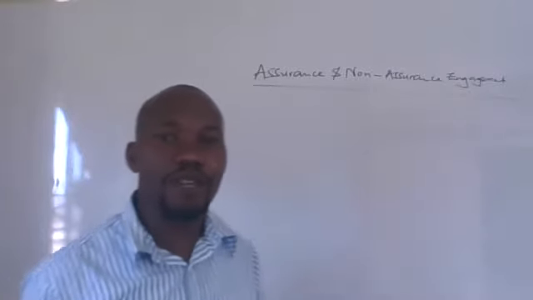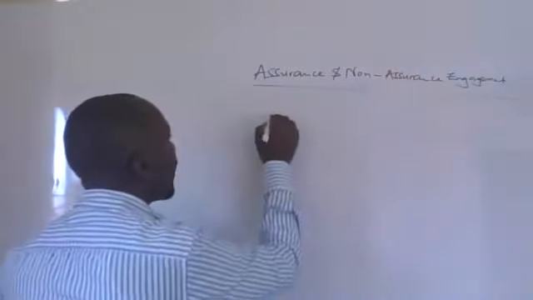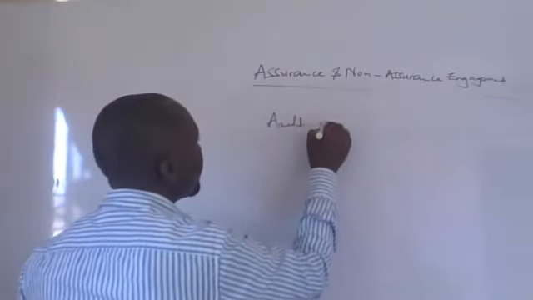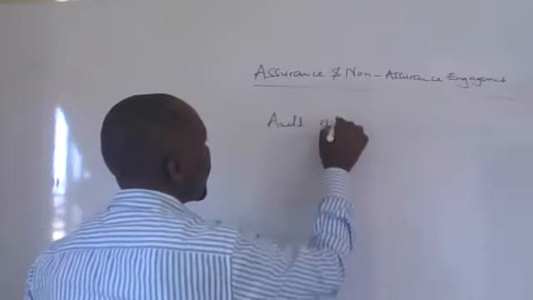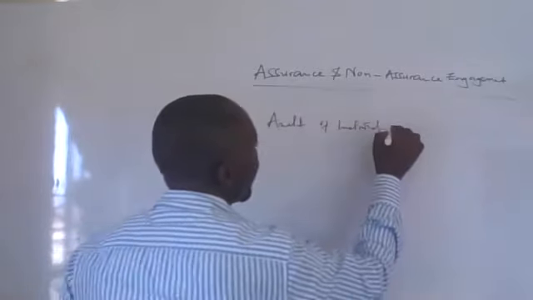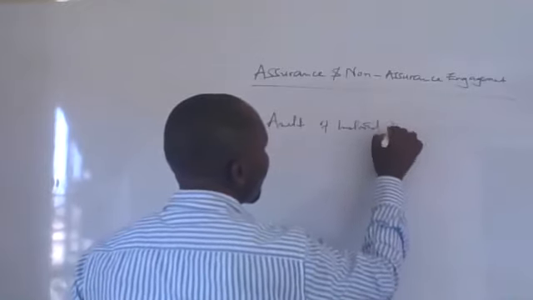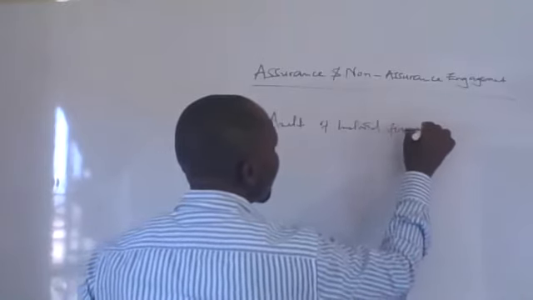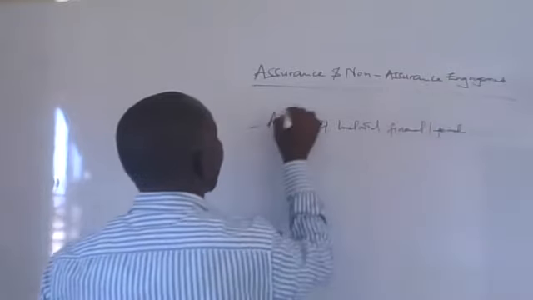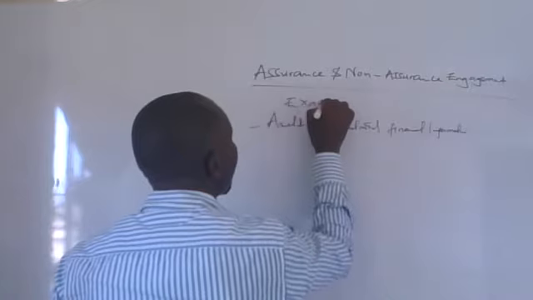Now, examples of assurance engagement, we know that we have audit of financial institutions, audit of historical financial information. Those are examples of assurance engagement.